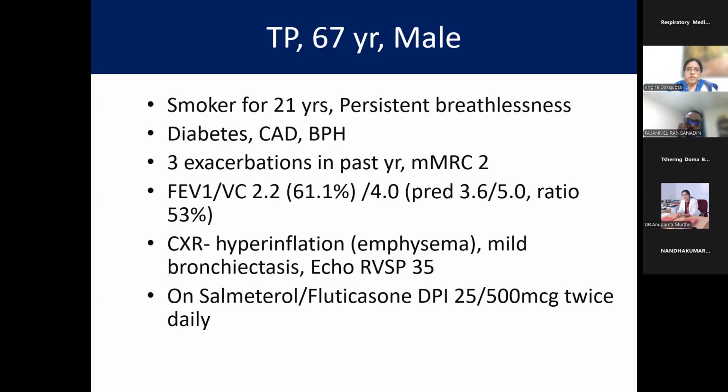On spirometry, the patient did have a ratio less than 0.7, at 0.53. The FEV1 was 61%, and the FVC was reduced as well. The chest X-ray revealed hyperinflation and mild bronchiectasis, and the echo showed that the right ventricular systolic pressure was 35, which means moderately elevated. And he was on a very high dose of the combination inhaler.